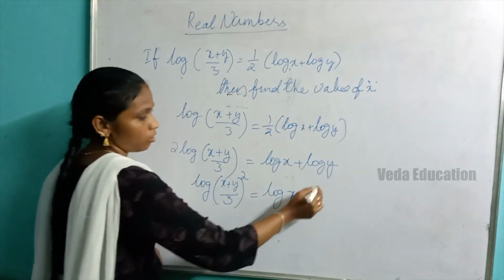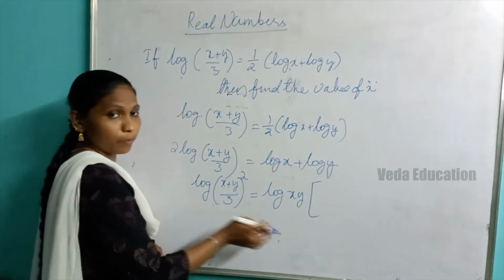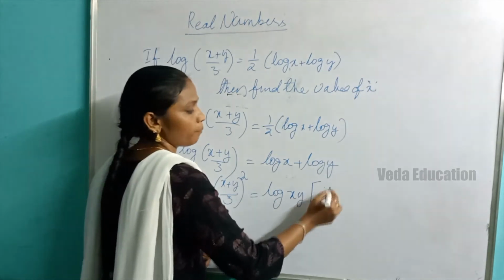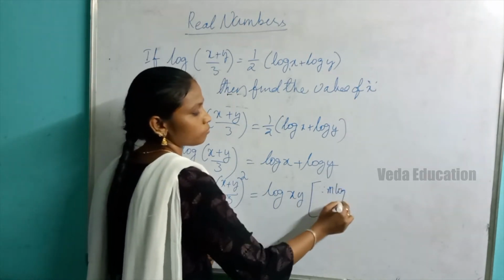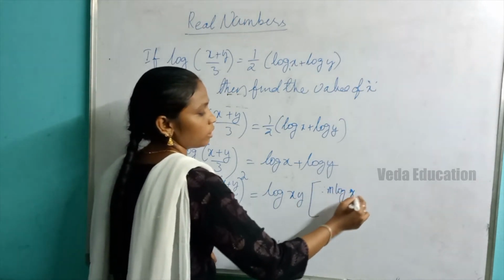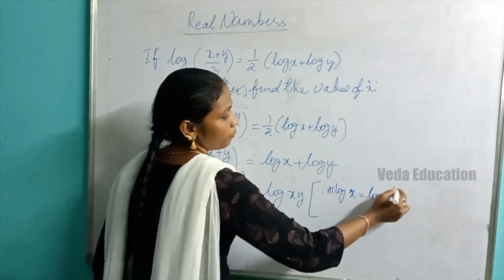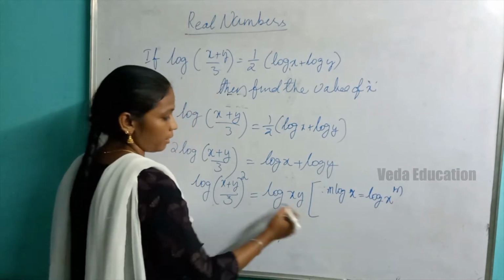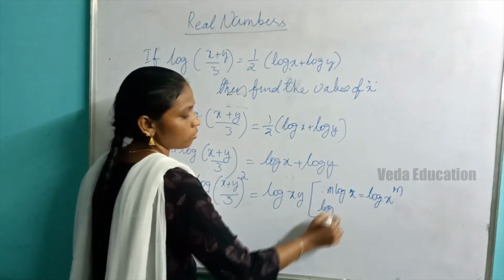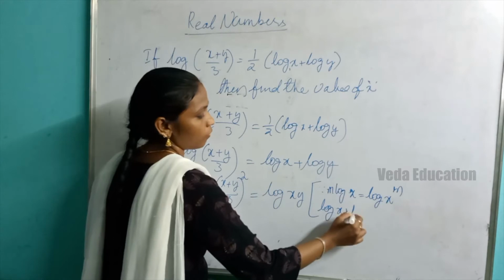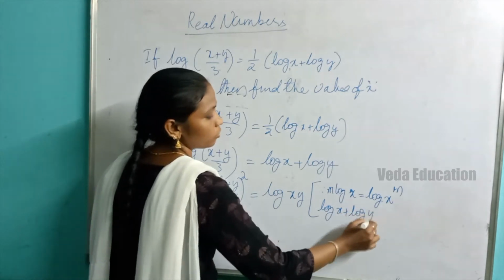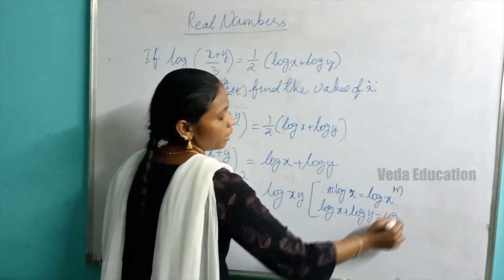Now I am writing here the laws of logarithms. Two laws of logarithms we applied here. One is m log x equal to log x to the power of m. This is the third law, and here one more law we used: log x plus log y is equal to log xy.